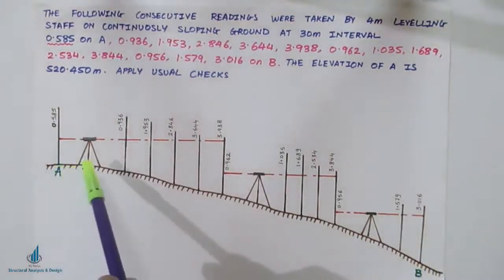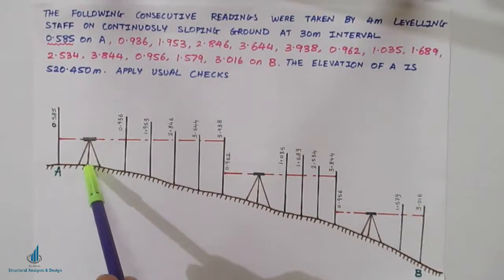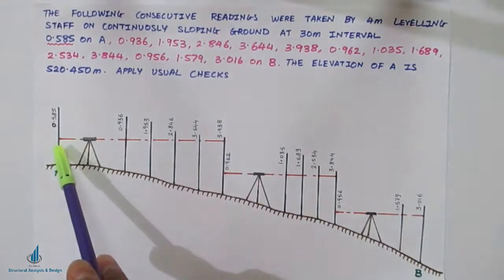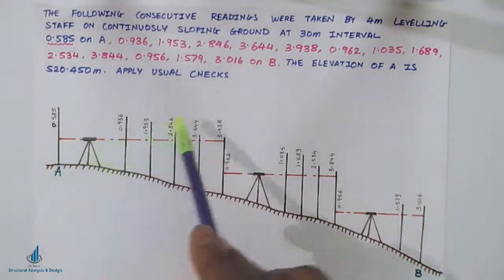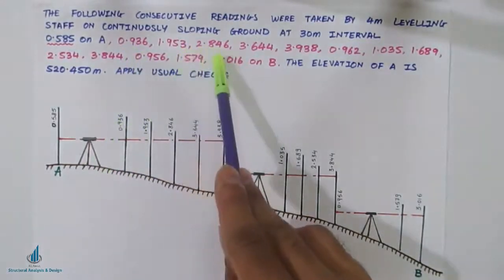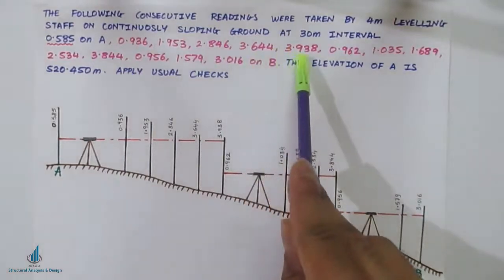The instrument has been set up here, this is the tripod, and the first reading they have taken is 0.585 on A. Like this they went on continuously: 0.936, 1.953, 2.846, 3.644, 3.938.